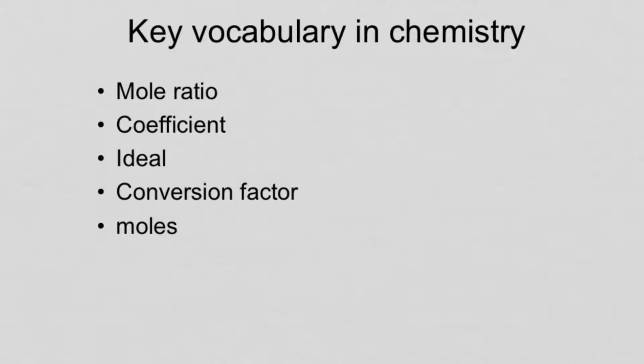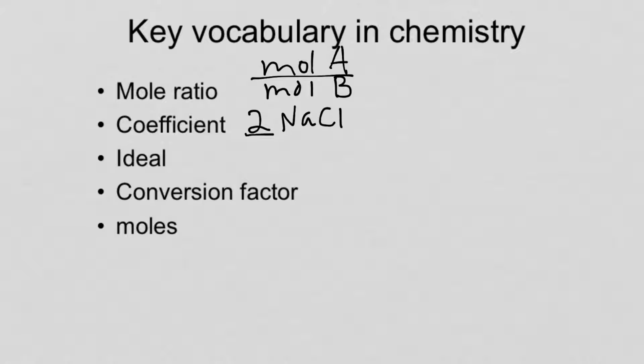So some key vocabulary in chemistry. The mole ratio is another conversion factor where you have moles of substance A over moles of substance B. This will have a relationship of one substance to another. Coefficient should seem familiar. That's again the number in front of a compound or element.